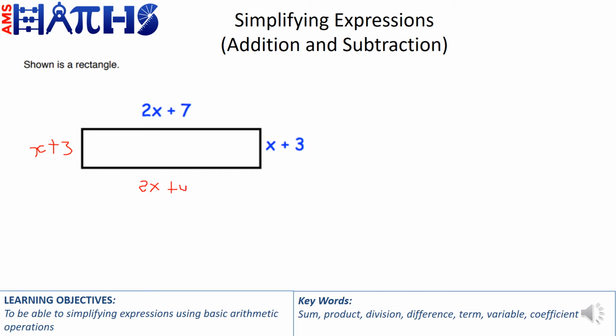Now that we know all the four lengths, then we just need to add them together. So I've written them out. We have 2x plus 7 plus x plus 3 plus 2x plus 7 plus x plus 3. And all we need to do now is combine the like terms. So we will combine the x's, 2x plus 1x, that makes 3x's, add 2 more to get 5x's, and add 1 more x to get 6x's.